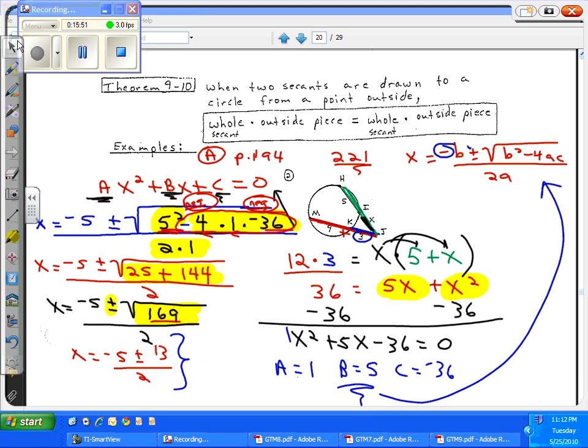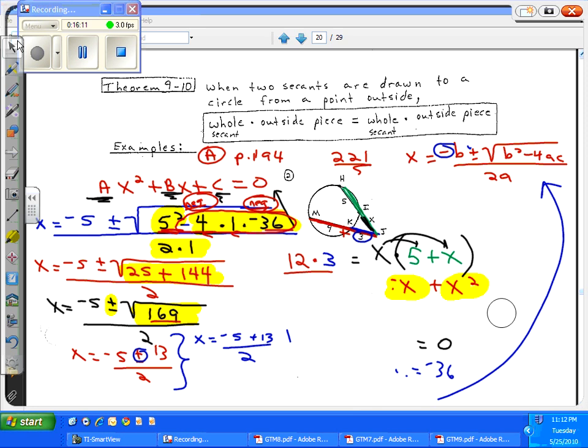This turns into 2. x is equal to negative 5 plus 13 over 2. And I'm going to have to erase some stuff here, I'm getting a little bit congested.